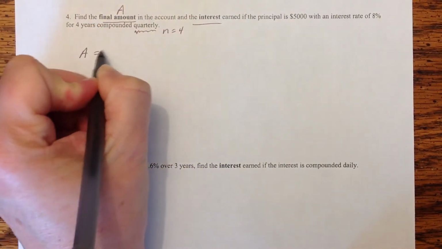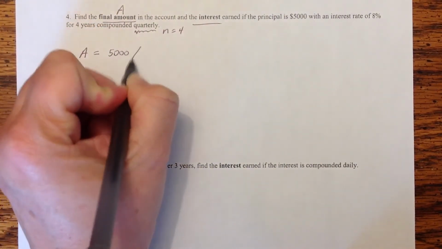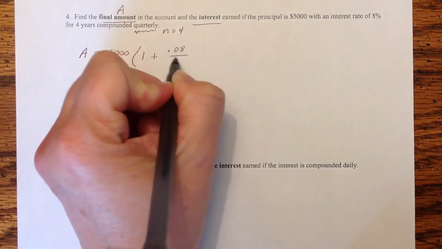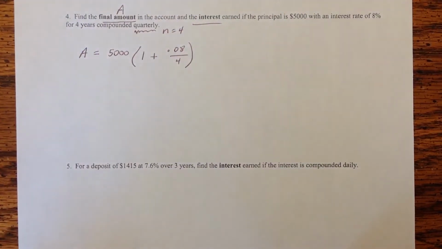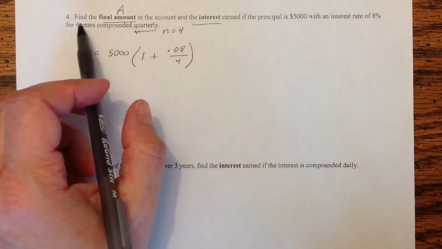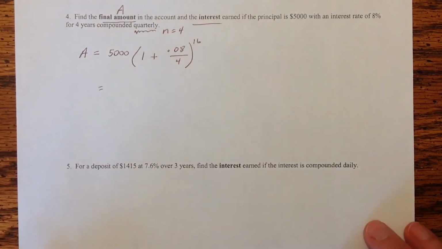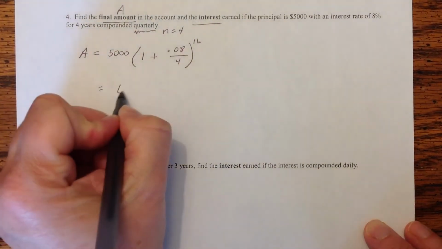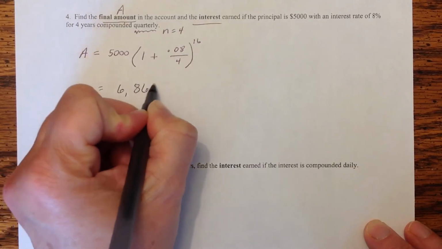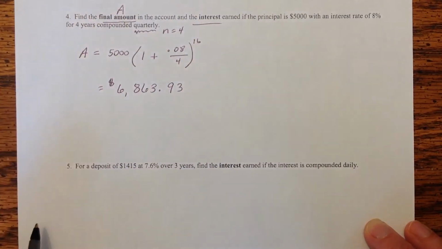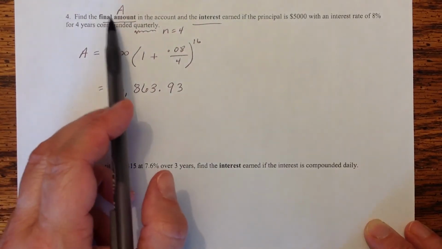So A equals 5,000 times 1 plus 0.08 over 4 to the NT. So N is 4 and T is 4, so this is 16. So when you plug this in your calculator, you get $6,863.93. And that represents your final amount.